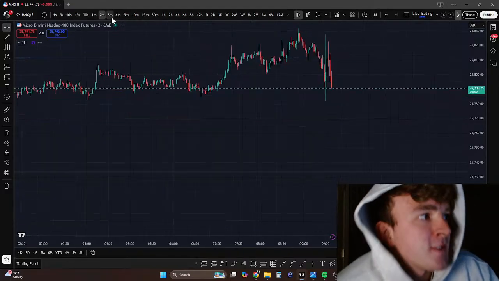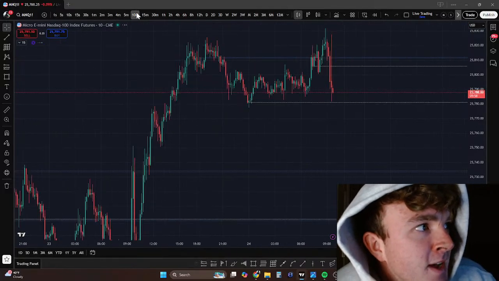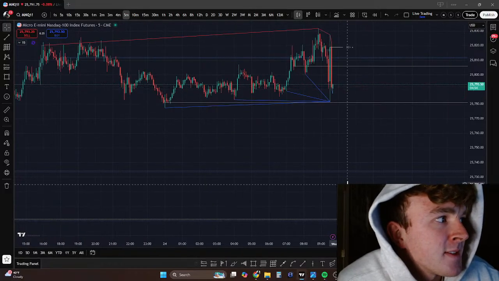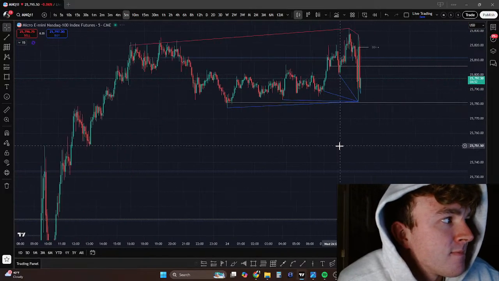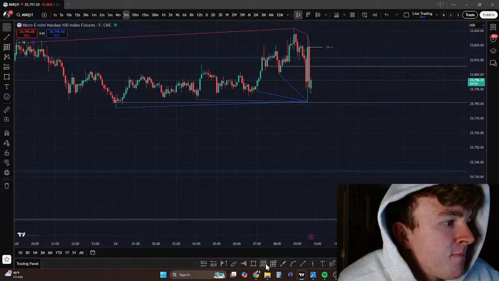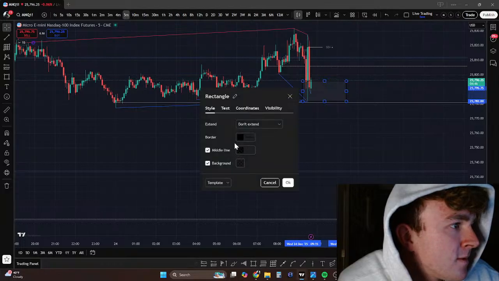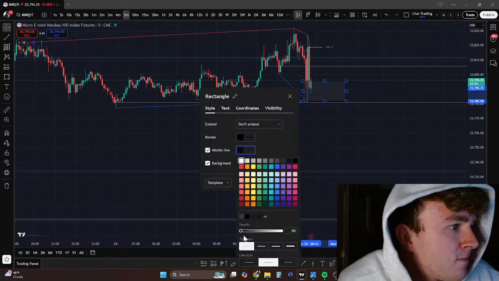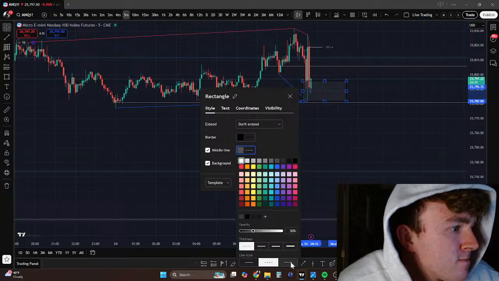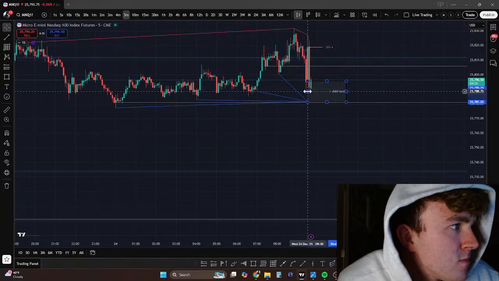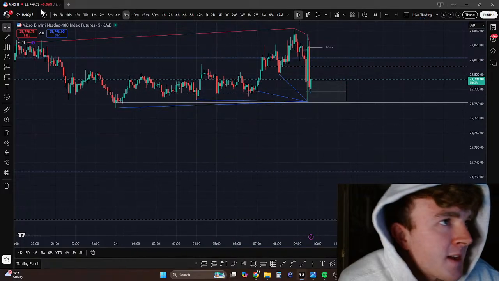Kind of just waiting for something that I can spot in real time that I like. That's the key. I think that really is the key. This is a 5-minute rejection block. I kind of like this.